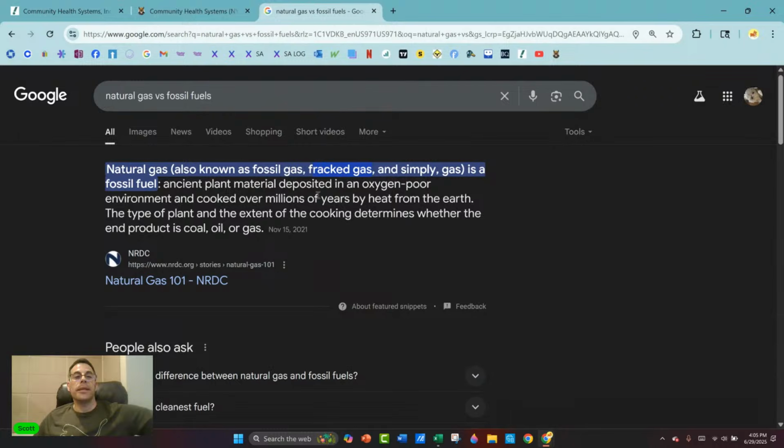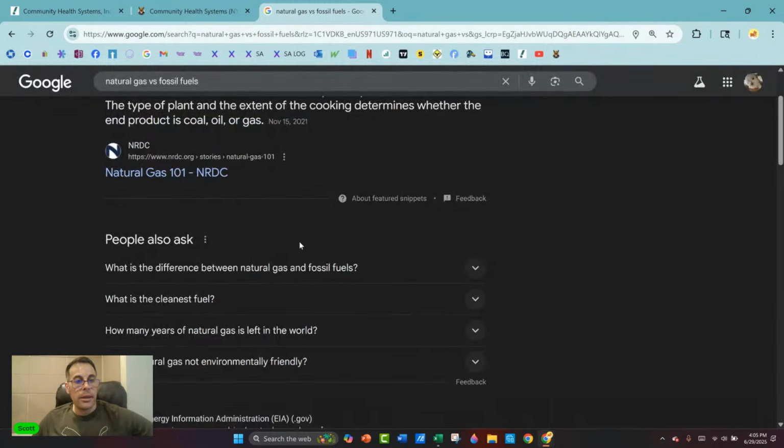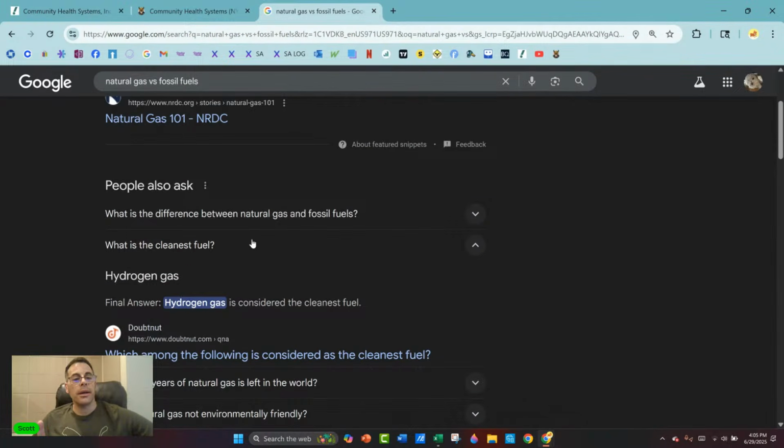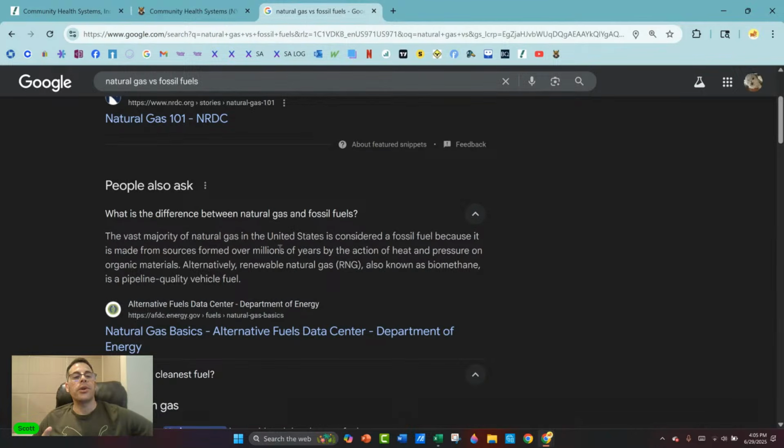We're using these advanced technologies which we didn't have access to before, and most of the gas we pull is natural gas due to fracking. And I think it's actually cleaner. Maybe not. The vast majority of natural gas in the U.S. is considered a fossil fuel because it's made from the same sources.